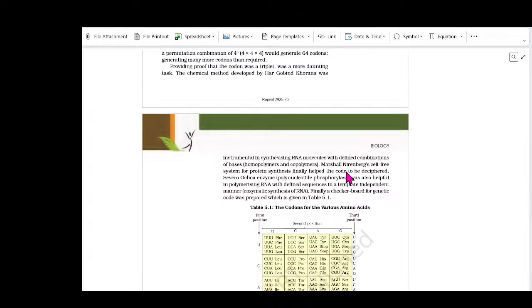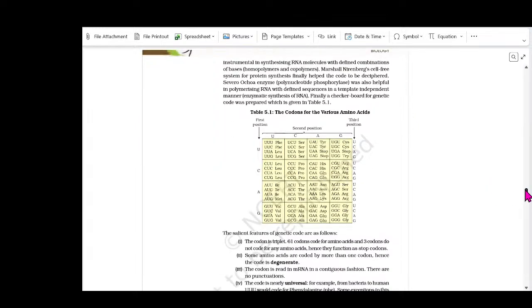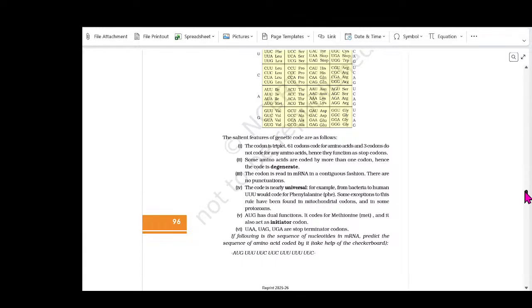Severo Ochoa's enzyme polynucleotide phosphorylase was also helpful in polymerizing RNA with defined sequences in a template-independent manner. Finally, a checkerboard for the genetic code was prepared, and it is given in NCERT.